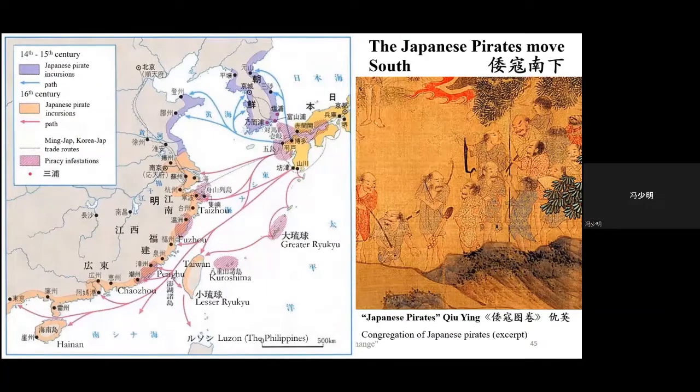During this period, between the 14th and the 16th centuries, there was a lot of pirate activity. And we can see on the left the pictures of the Japanese invasions. And on the right, the painting of Xiu Ying.